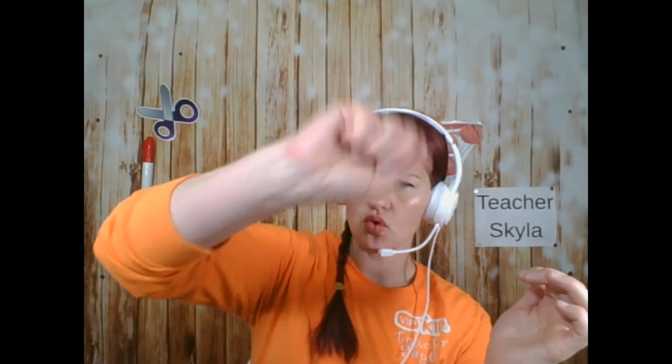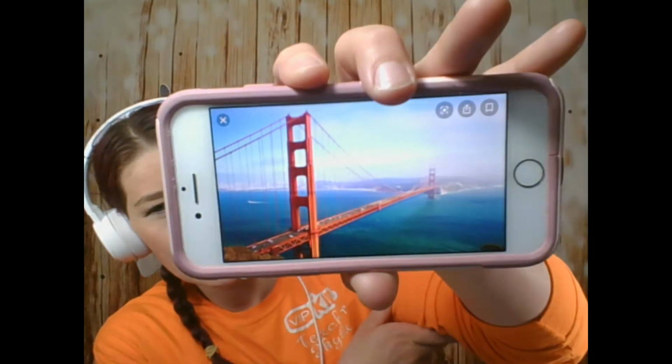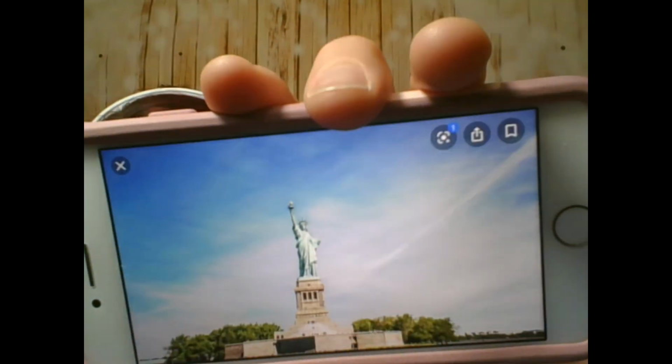Great job. Can you write aren't and don't on the slide? Right here. Awesome. And these are or these aren't Chinese landmarks.